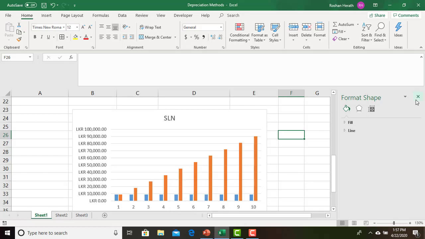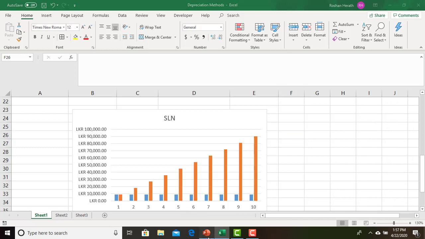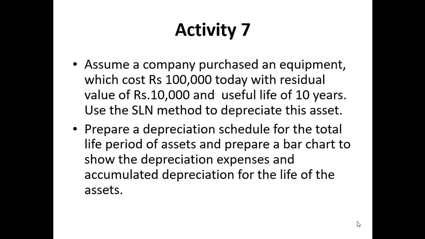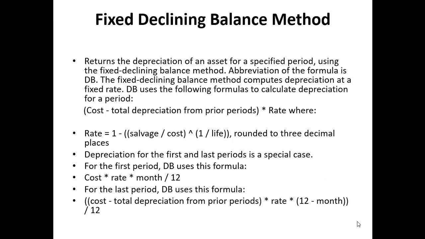Now let's go back to our presentation and let's continue. And that's how we do the straight line depreciation. Then let's move on to the second type of depreciation, and we call it the fixed declining balance method.